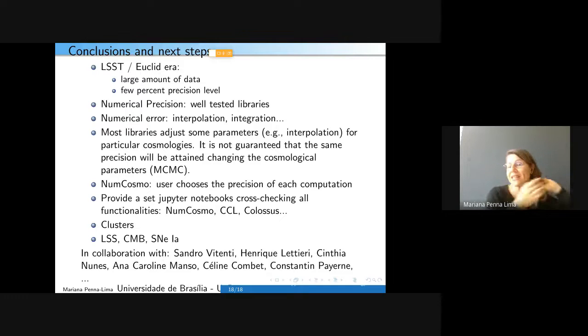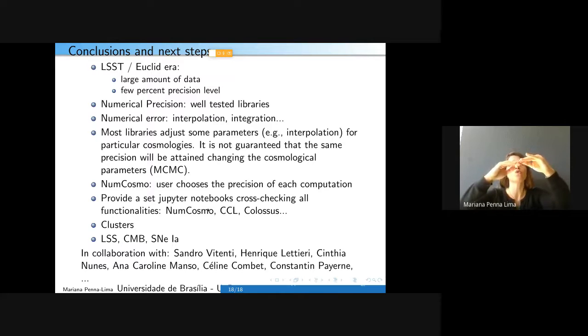We are developing this DESC project, a project inside the Dark Energy Science Collaboration, where we are developing a set of Jupyter notebooks in which we compare these different libraries: NumCosmo, CCL, Colossus. We are going to compare them with SkyPy, for example, or Cluster Toolkit. Some of these Jupyter notebooks are already available, distributed with NumCosmo, okay?